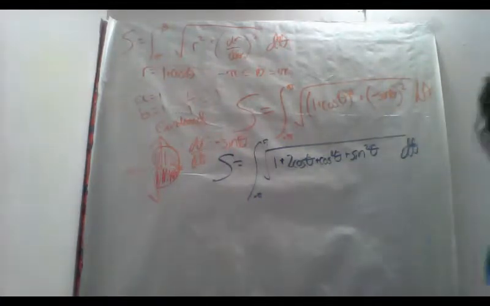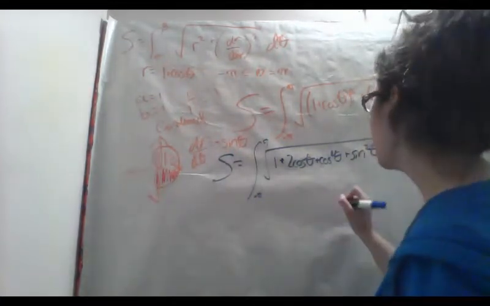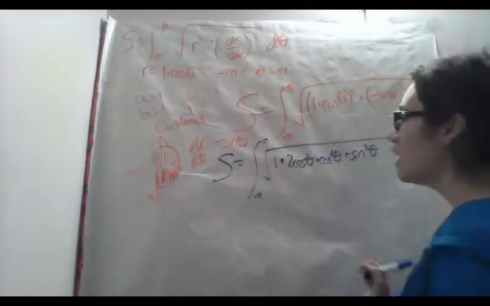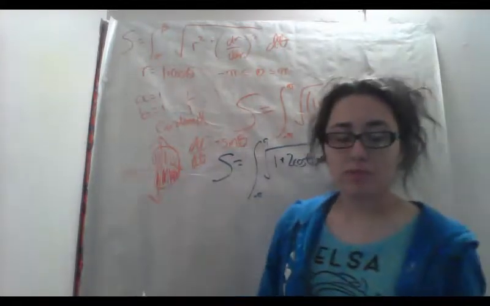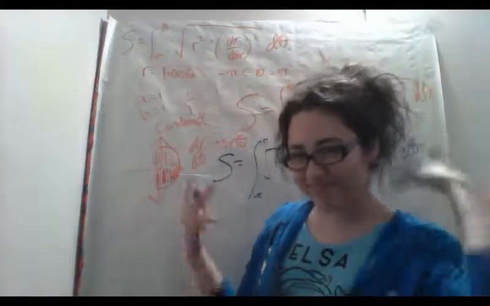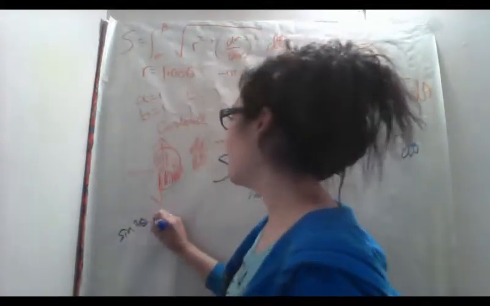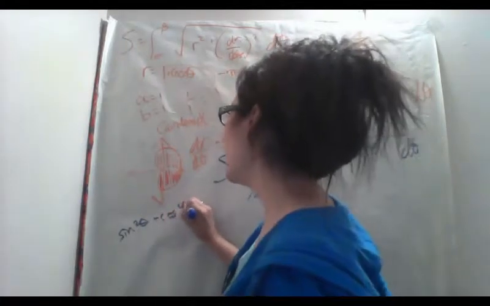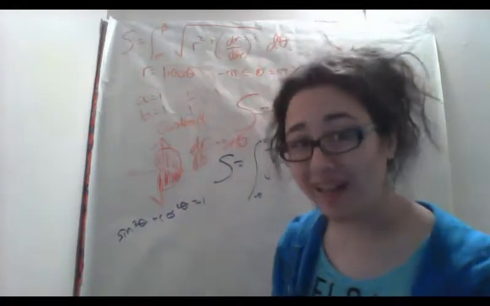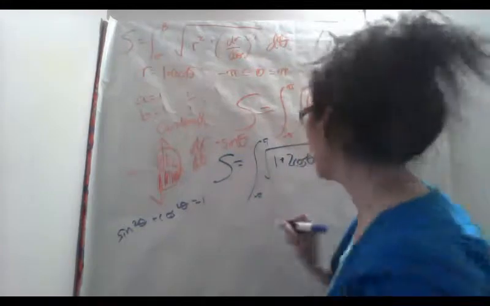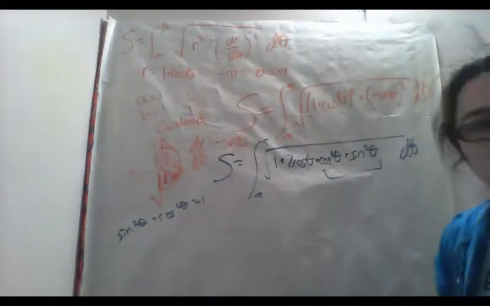Now, before we can actually integrate, we have to somehow condense this. Now remember, trigonometric equations are your best friend. So do you remember that unit circle thing where sine squared theta plus cosine squared theta equals 1? Well, watch this magic right there. That equals 1.